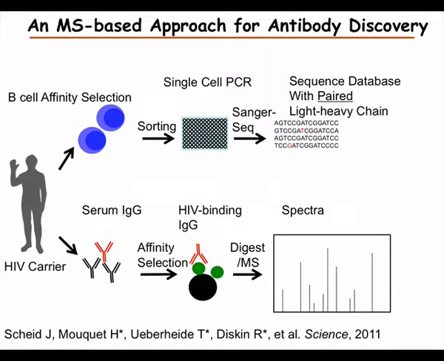So one way to do this is, this is an example of someone who was infected with HIV but did not get AIDS.